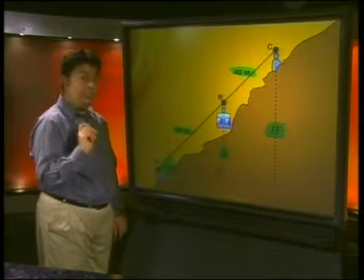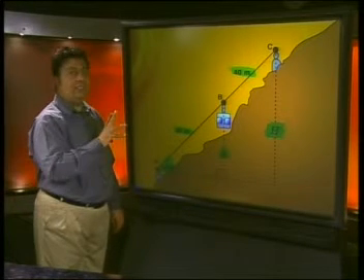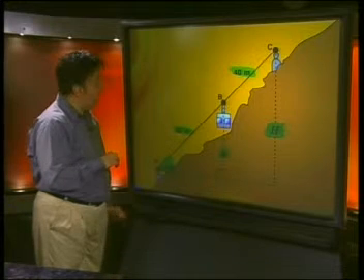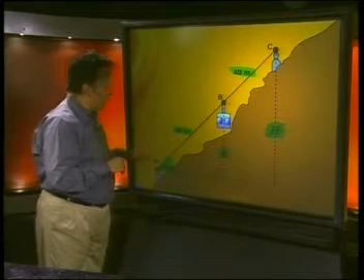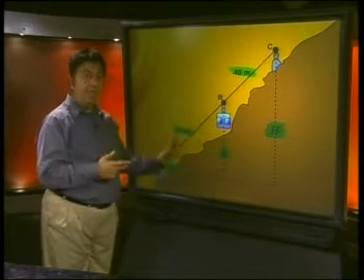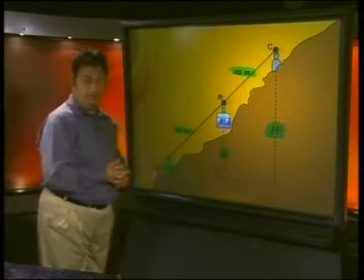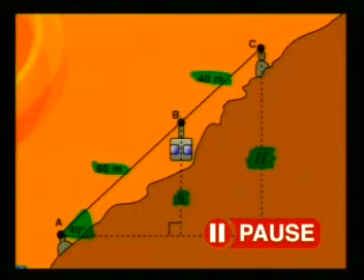You need to calculate two increases in the vertical height. First, when the cable car ascends from A to B, and then when it ascends from B to C. Copy this picture carefully as there are two triangles to work in.